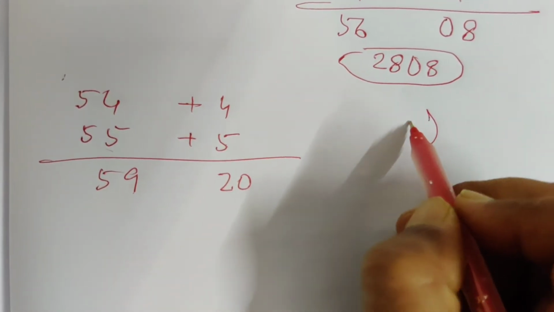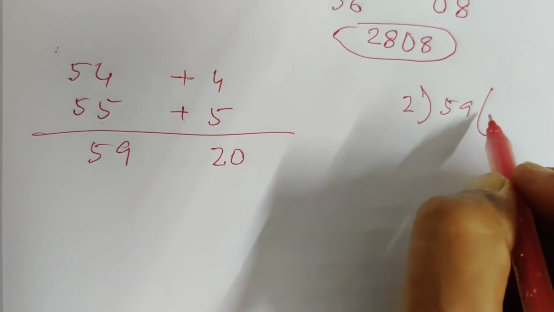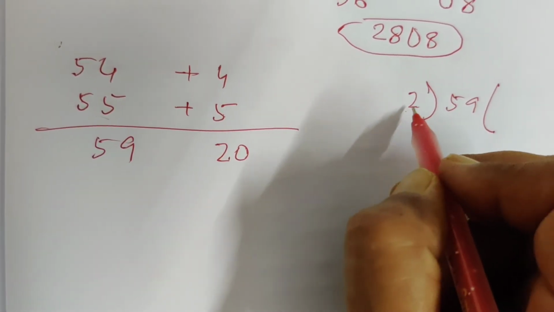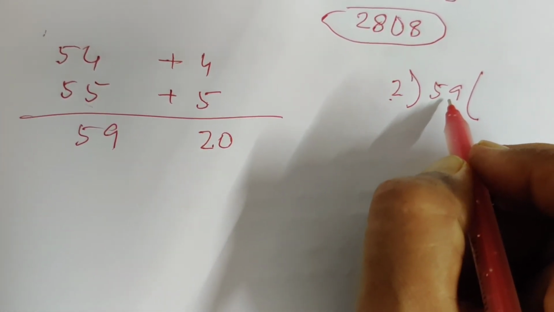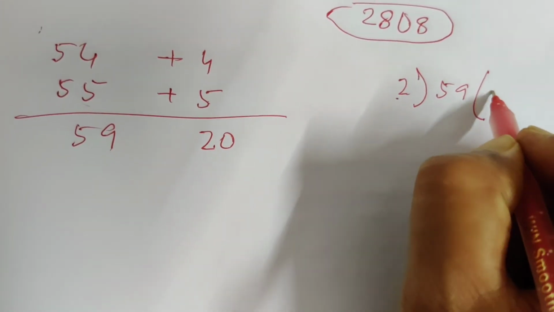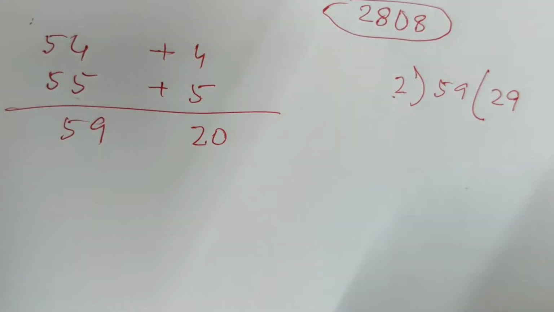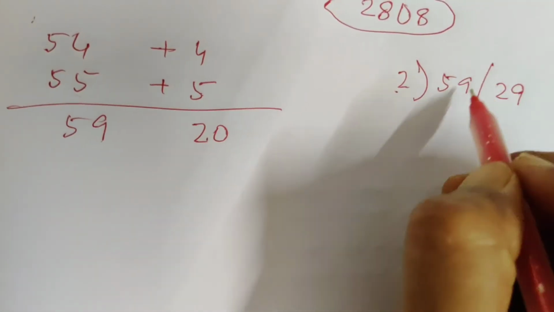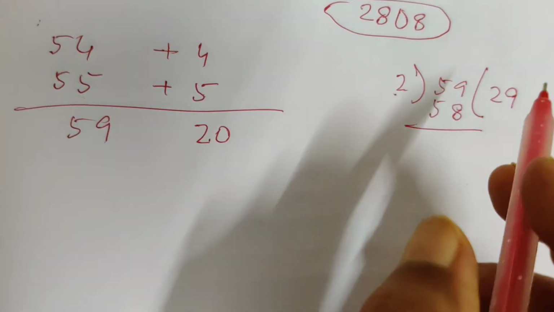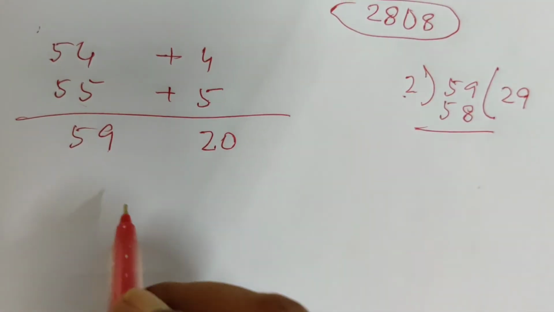Now if we divide 59 by 2, it will not divide completely. So what do you do? Just come to the nearby. Means if you divide 59 by 2, we get a whole number of 29. 29 twos are 58. Come up to 58. Since 58 is just 1 less than 59, we can come up to 58.